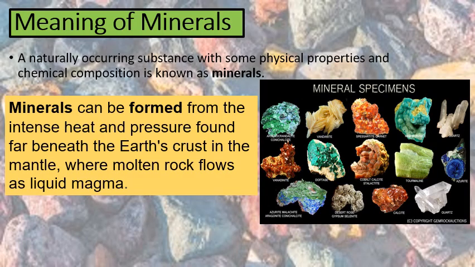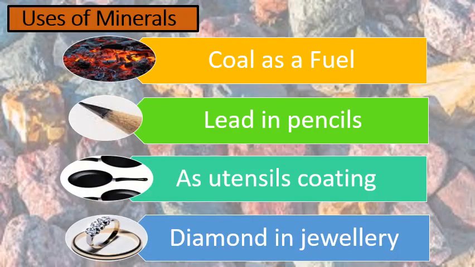Minerals are naturally occurring substances which have certain physical properties and definite chemical compositions. They are always present beneath the Earth's crust in the mantle where molten rock flows as liquid magma. Like rocks, as we have already discussed, minerals are very useful for human beings.